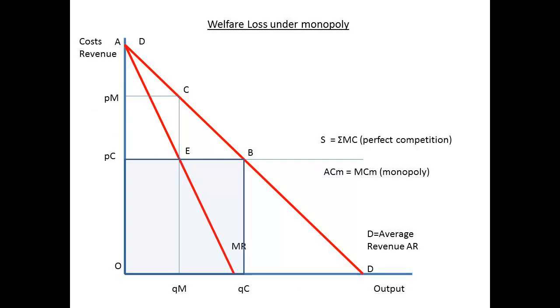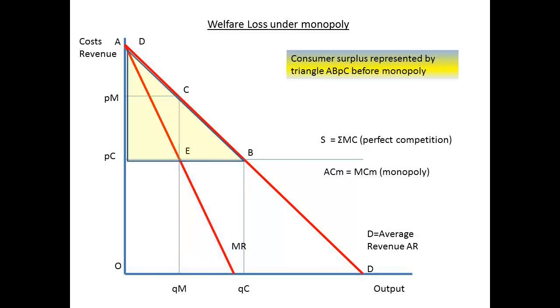By considering marginal revenue and average revenue, we can have a look at what we shall refer to as welfare loss. In perfect competition, the price and output are OPC and OQC. I have shaded the area to make this easier to follow. The consumer surplus is now represented by the triangle ABPC. What will now happen if the industry becomes a monopoly?